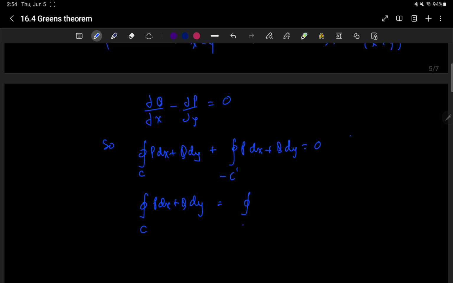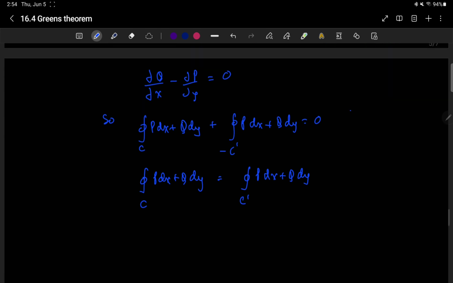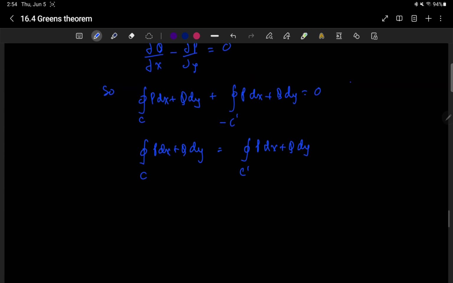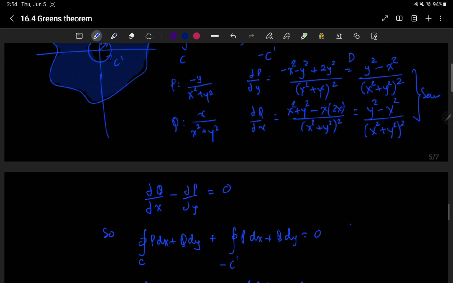So this is going to equal the line integral along C prime of P dx plus Q dy. And what does that mean? By Green's theorem, or sorry, you don't need Green's theorem here. This is just rewriting the line integral in vector form. This means that this and this are the same. So the line integral along C and C prime are the same.